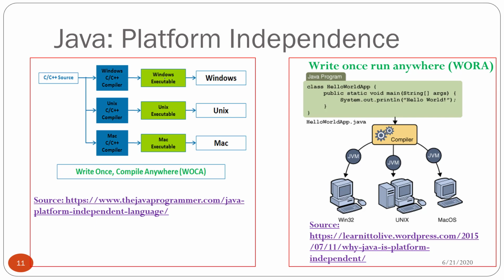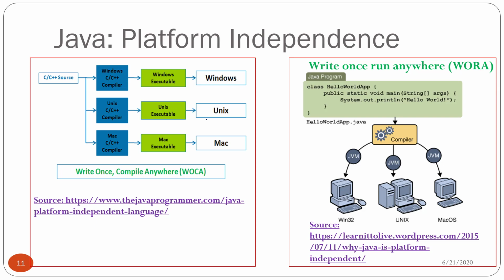So here you cannot swap. You cannot take a Windows executable and run it on a Unix or Mac machine. Similarly, a Unix executable will only work on Unix, right? So here we do not have platform independence.